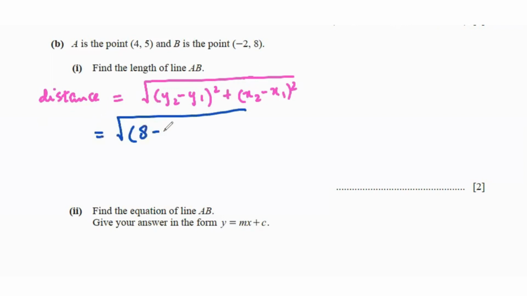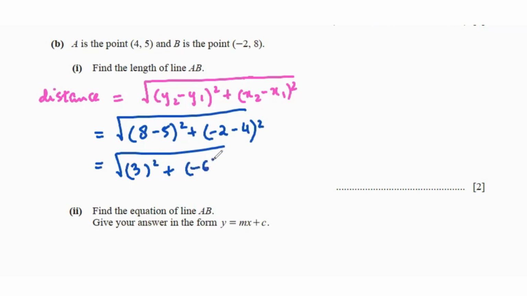That's going to be 8 minus 5 whole square plus negative 2 minus 4. 8 minus 5 is 3, so 3 square plus negative 6 square. And that's going to give us square root 45, which is equal to 6.71.